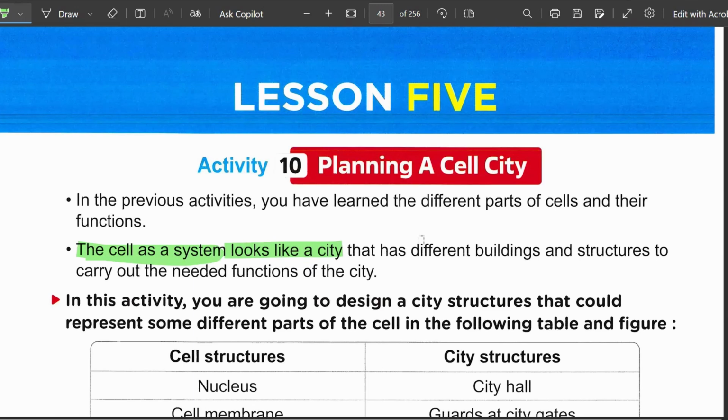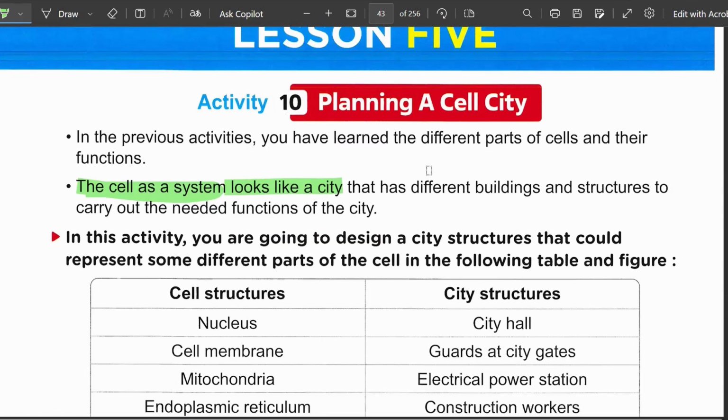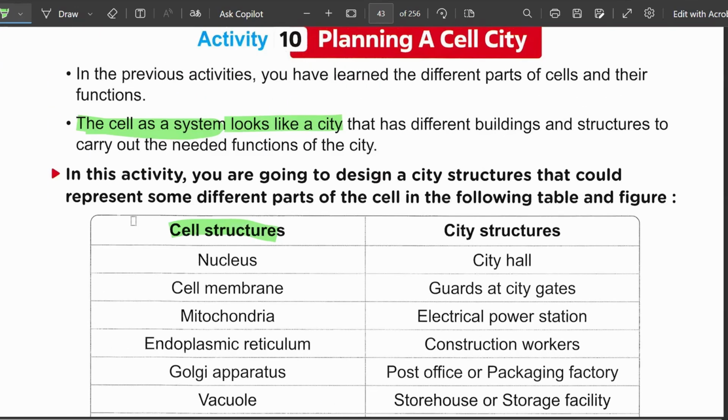And a city also has different buildings, like a center, a city hall. So the cell as a system looks like a city that has different buildings and structures to carry out the needed functions of the city.